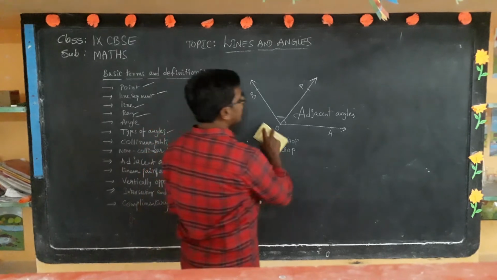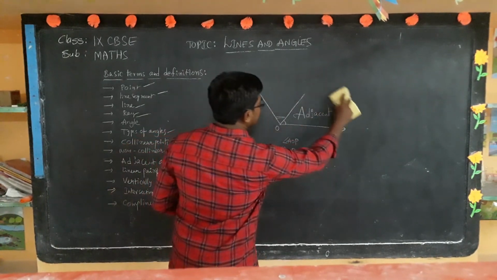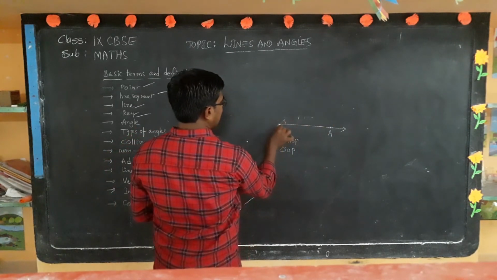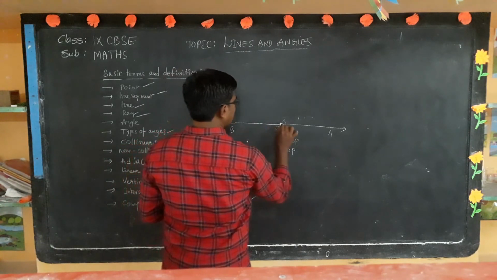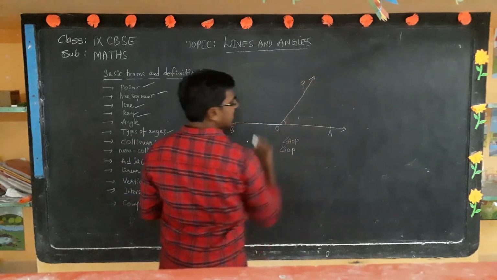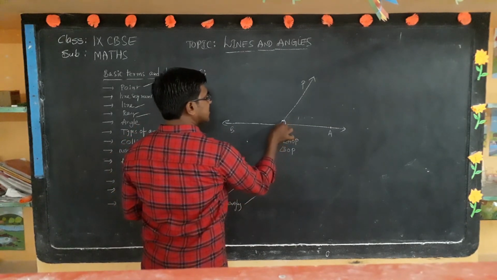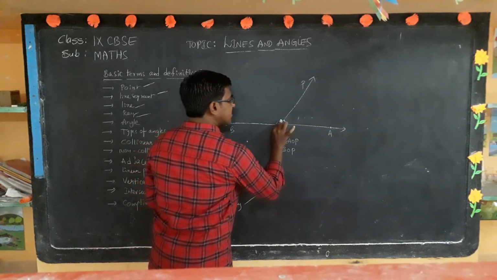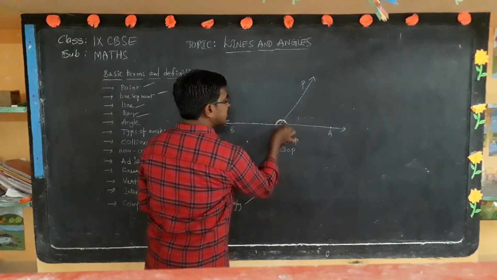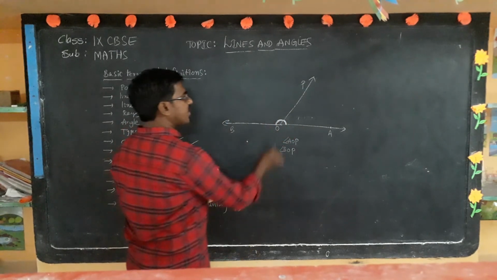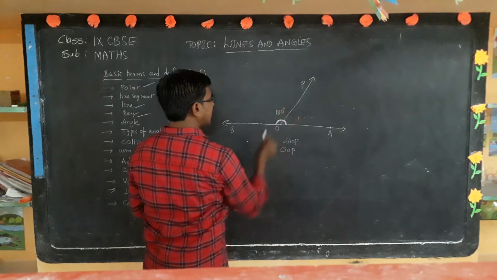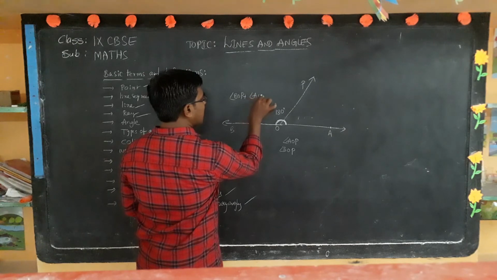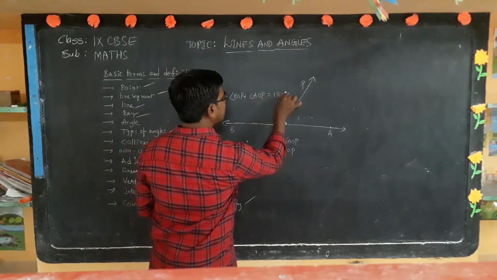Next one, linear pair of angles. If you take a line AB and a ray OP stands on the line, adjacent angles are formed. What is the measure of this angle? As already discussed, the measure is 180 degrees, which means angle BOP plus angle AOP equals 180 degrees.